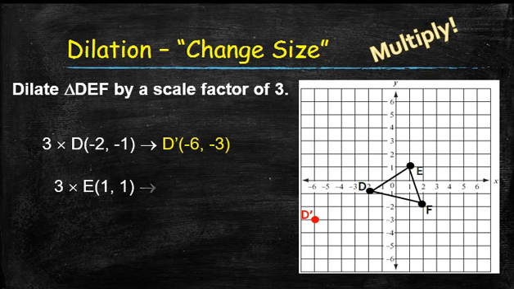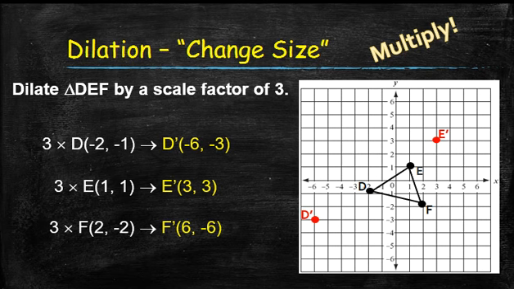Point E, (1, 1), I multiply by 3, it becomes (3, 3). And for point F, (2, -2), multiply both of those numbers by 3, I get (6, -6). So there's my point F prime. And if I draw out that triangle, I can see that it's the same triangle, but it changed the size. So that is our dilation.